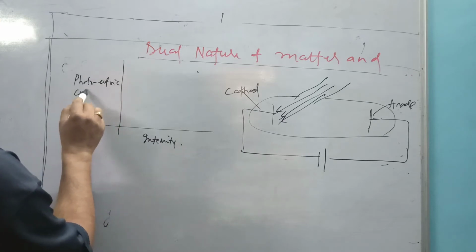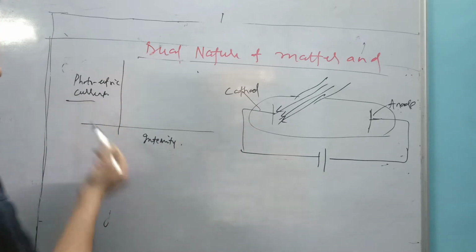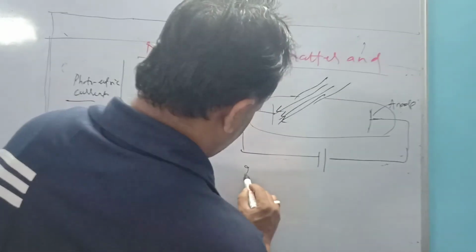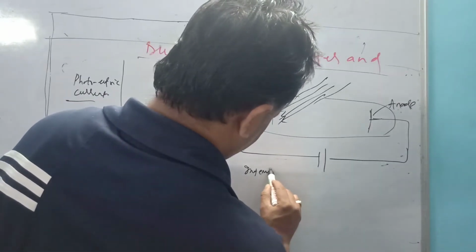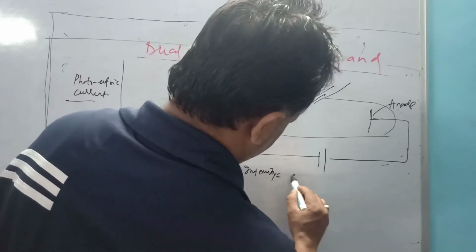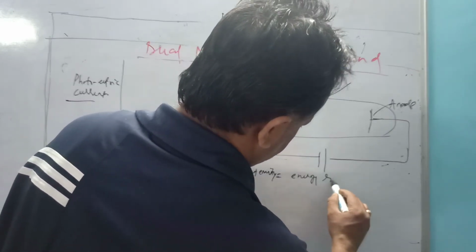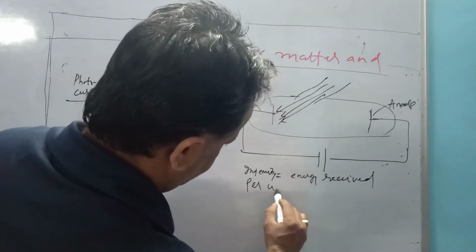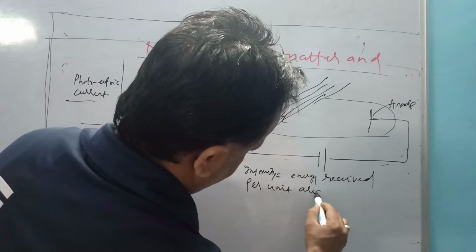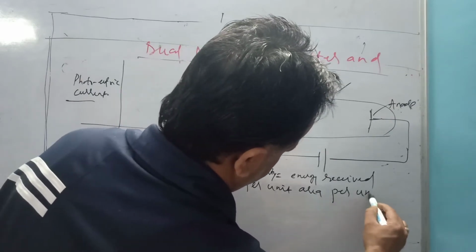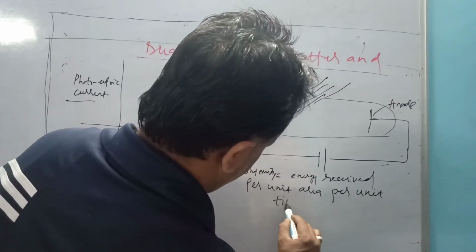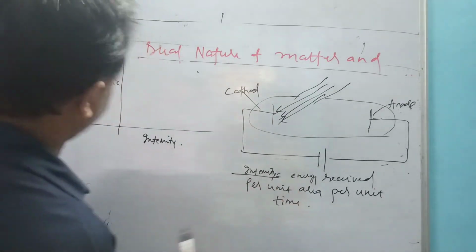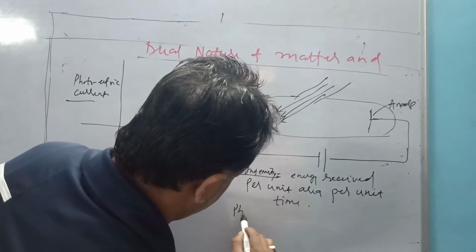See, basically intensity means energy received per unit area per unit time. And basically, what is the photoelectric current?